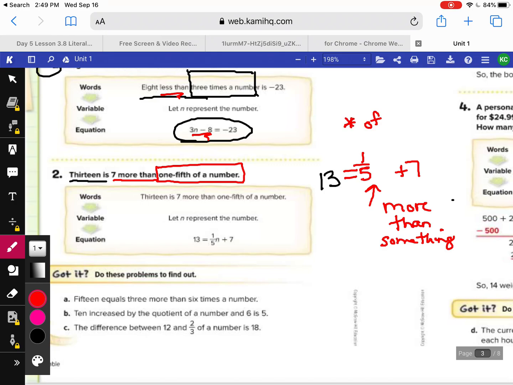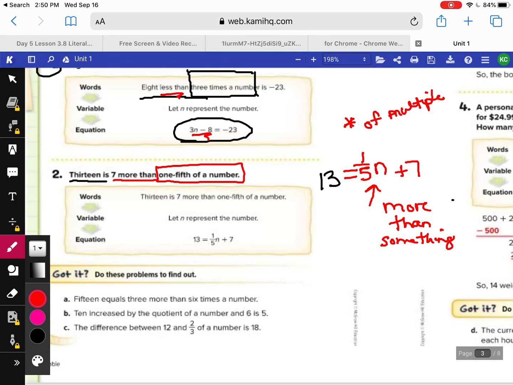of, and what does of mean? Of is going to mean to multiply. So we're going to multiply 1/5 of a number. We don't know the number. When that number is unknown, we can choose any variable. A lot of times you're going to see the letter N being used to replace the word number.